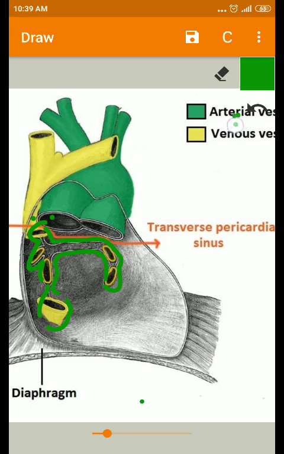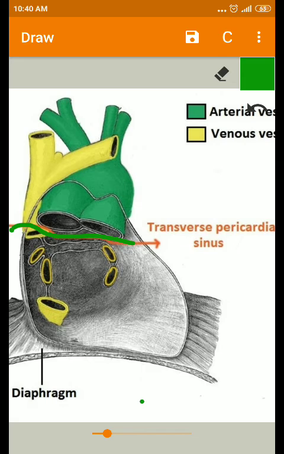Here the passage between the two tubes is known as the transverse pericardial sinus. So the passage between the two tubes is known as the transverse sinus of pericardium.